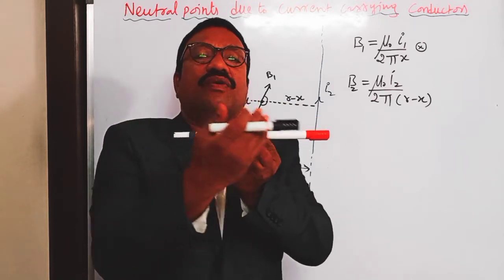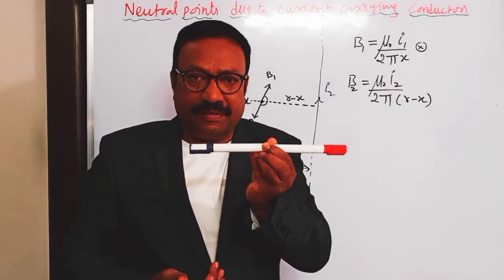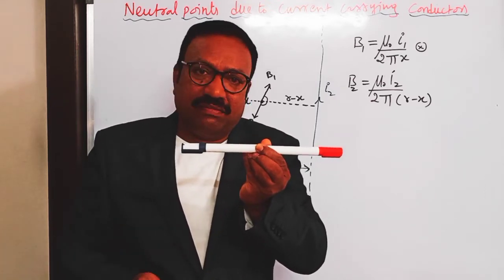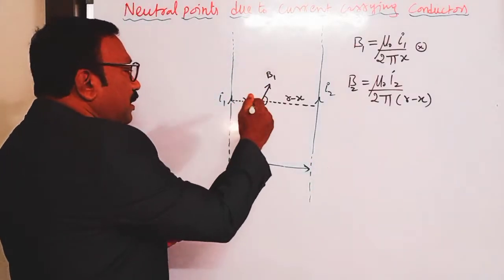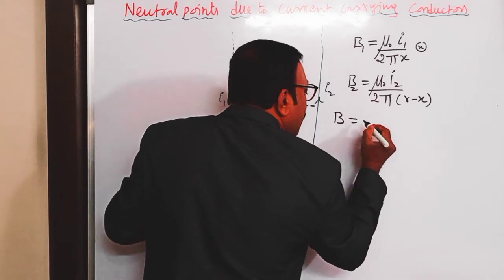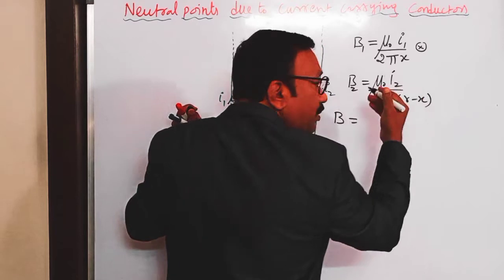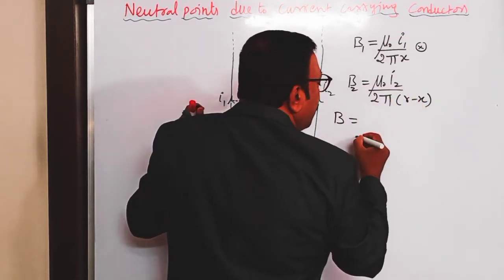If you want to find a resultant field, you have to subtract these two fields. You know the parallelogram law of vectors. When theta is 180, the resultant is P minus Q. So the resultant field here, let B be the resultant field. I have to subtract these two: B1 minus B2. Mu naught by 2 pi is common.